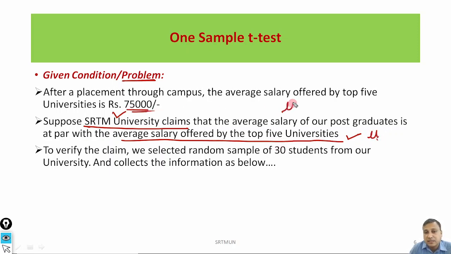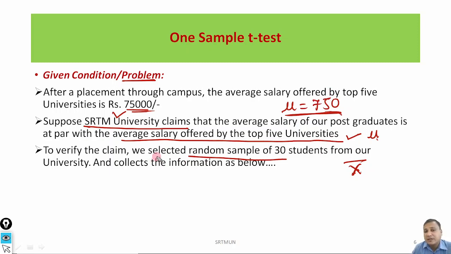So mu is equal to, say, 750. I'll use only the initial 3 digits for simplicity. Now I'll select random samples of 30 students. I just want to check whether my sample mean is equal to, or at par with, this value.